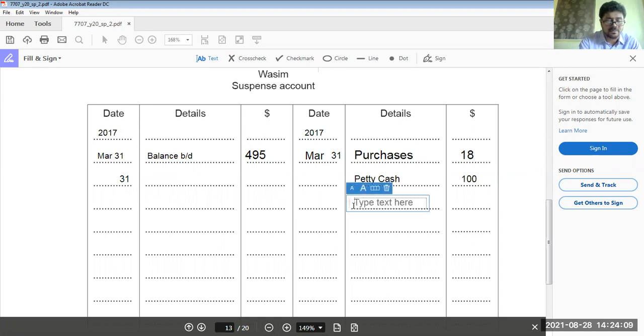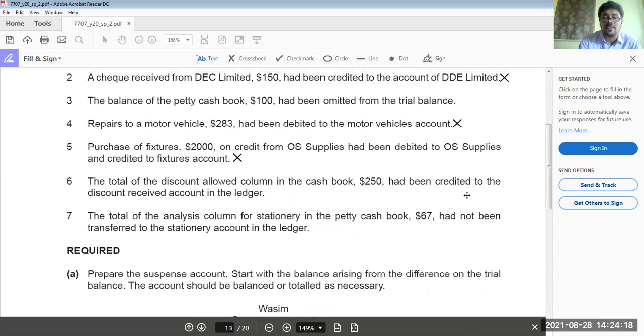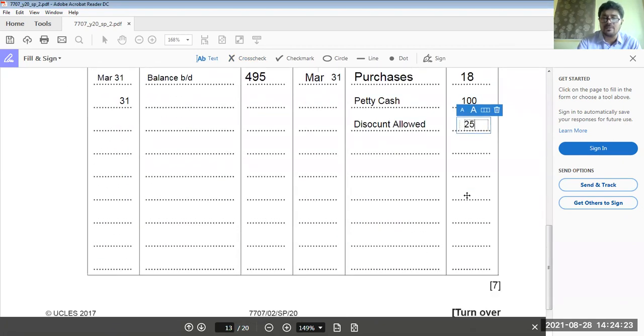So we have to credit suspense. Discount debit, suspense credit. How much? Because discount allowed has not yet been debited, so it's going to be debited and suspense is going to be credited by 250.